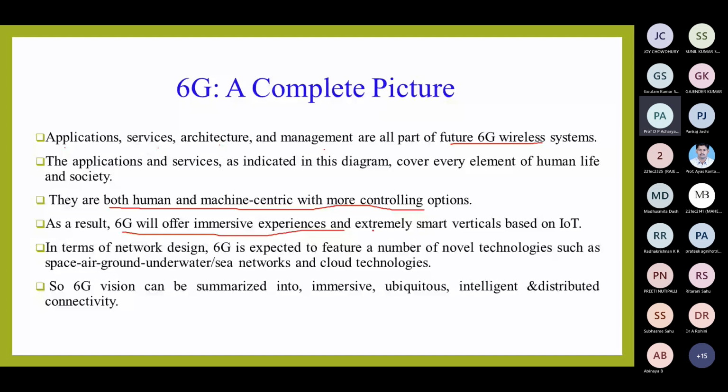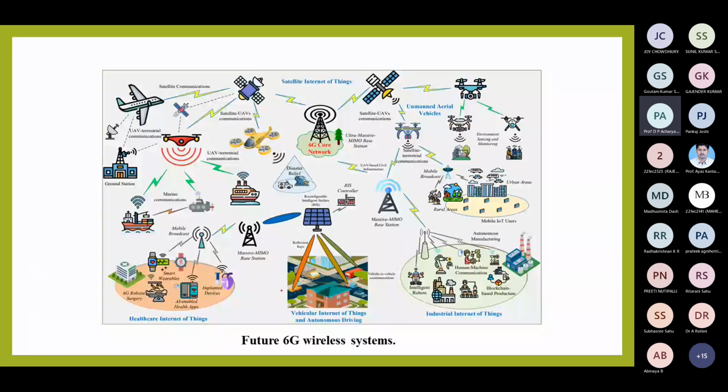So 6G is expected to feature a number of novel technologies such as space, air, ground, underwater, seawater networks, and cloud technologies. So 6G vision can be summarized into immersive, ubiquitous, intelligent, and distributed connectivity. So that's what is the future of wireless systems.